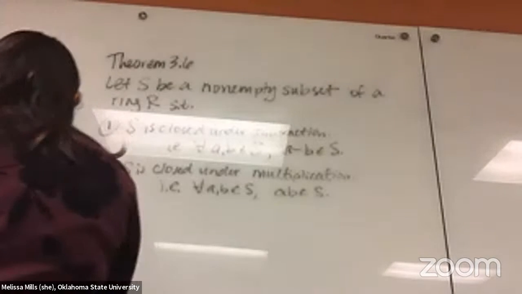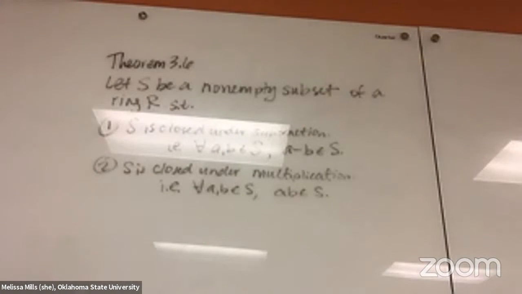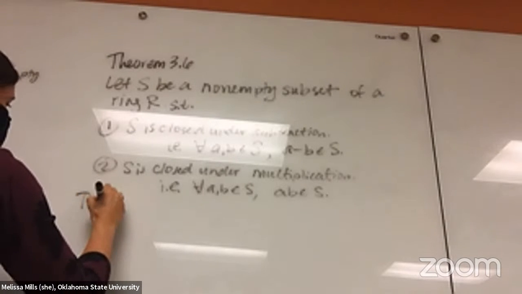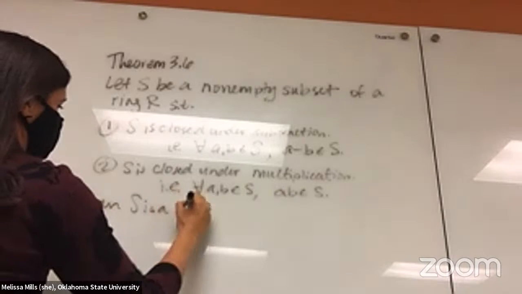Okay, and so how does this compare with theorem 3.2? Remember what theorem 3.2 had you do? So for theorem 3.2, I'm just going to write them side by side. It starts out the same way. Oh, I didn't write the conclusion. Then S is a subring.